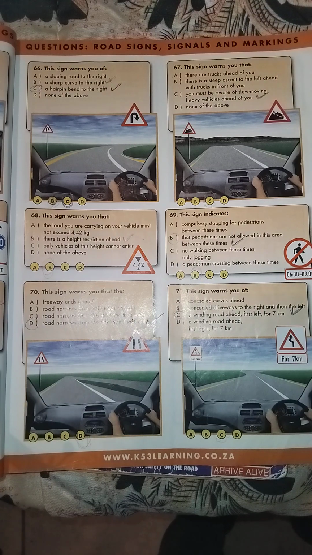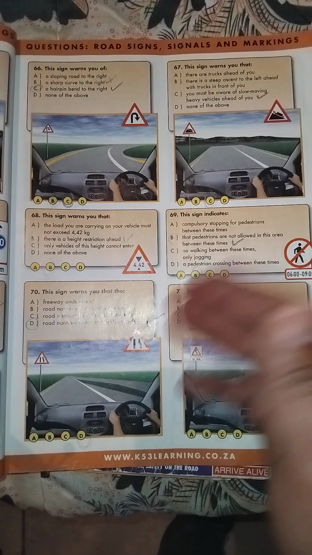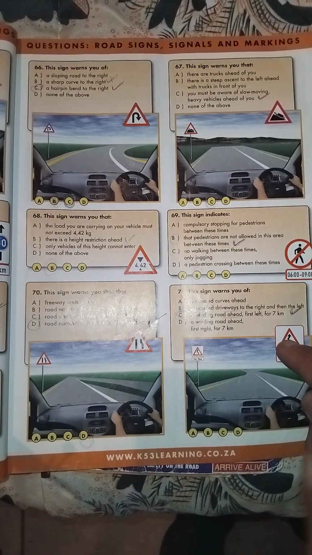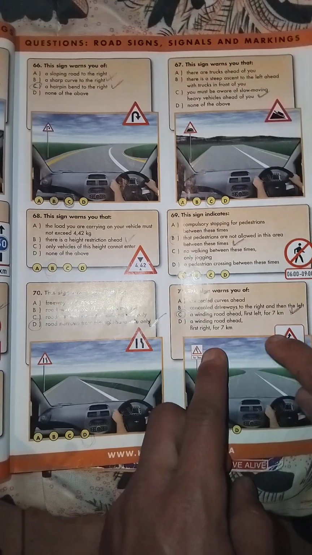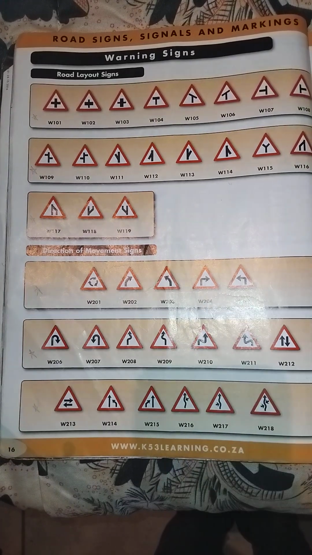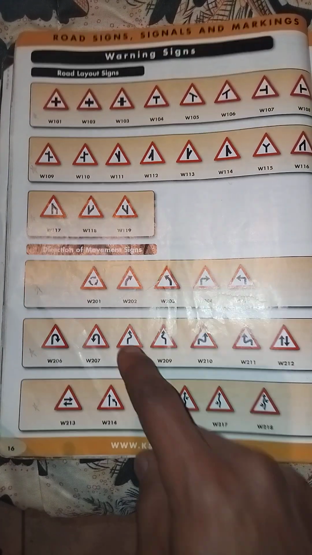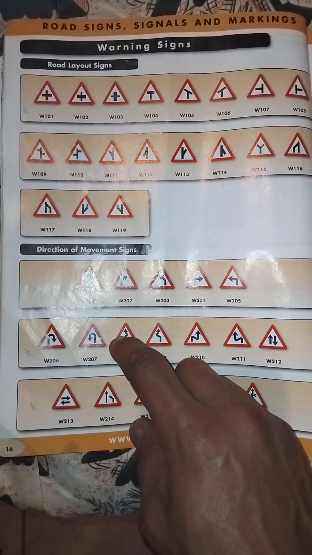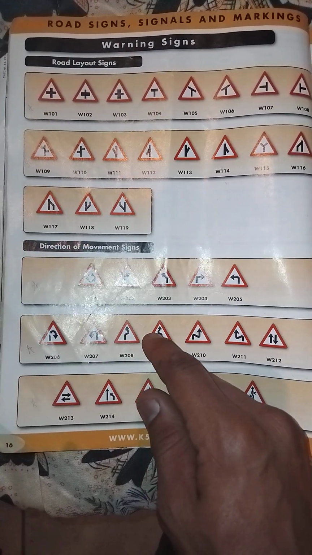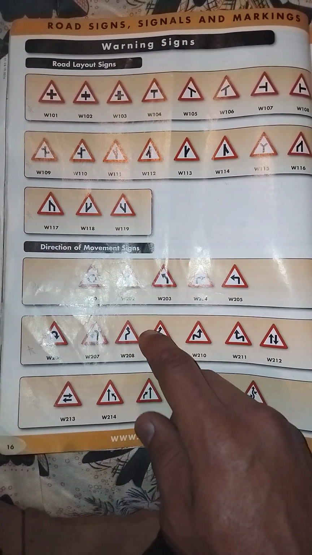So it's winding road ahead, and then your first left, because that bend is first moving to your left, and then it's coming back and then going straight. And then the other one is just the opposite. This one is to the right for winding road, first right, because it's making a bend to the right, and that one is to the left because it's making the first bend to the left.